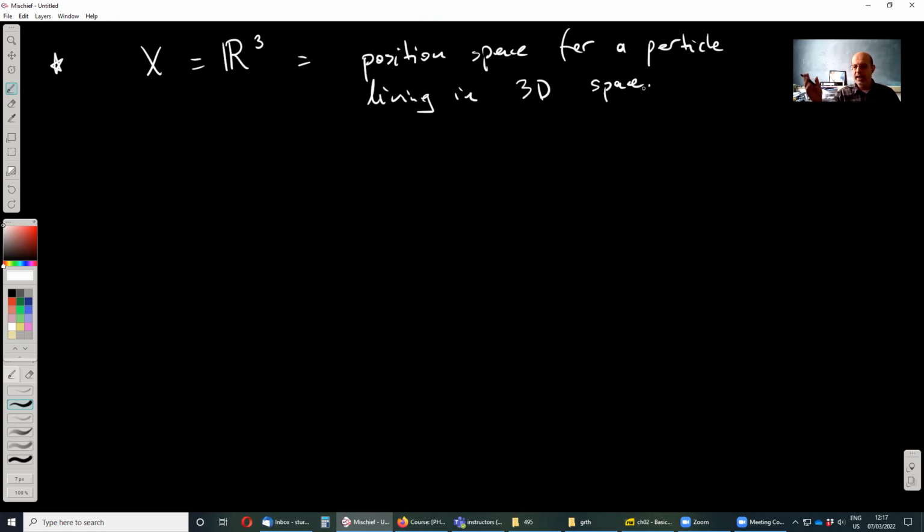Okay, think of it like that: a particle living in 3 dimensions. So you're going to use, for example, R cube, any point in this space as a possible position of that particle, right?